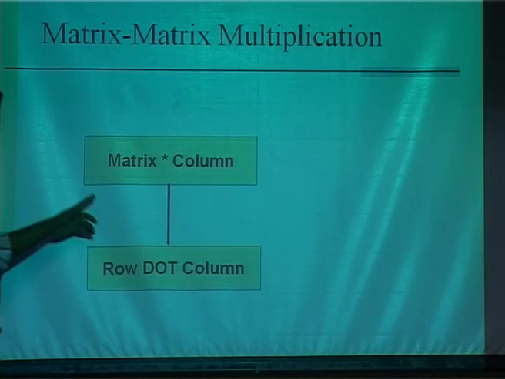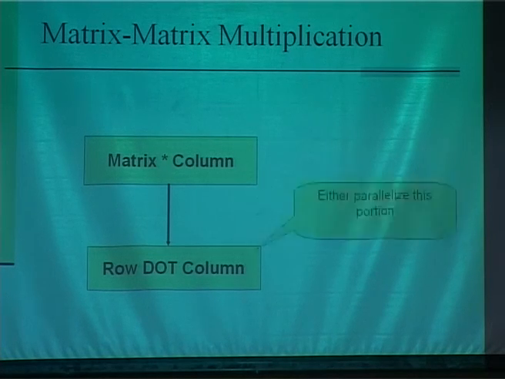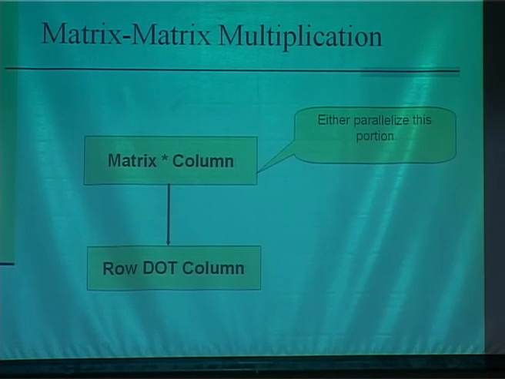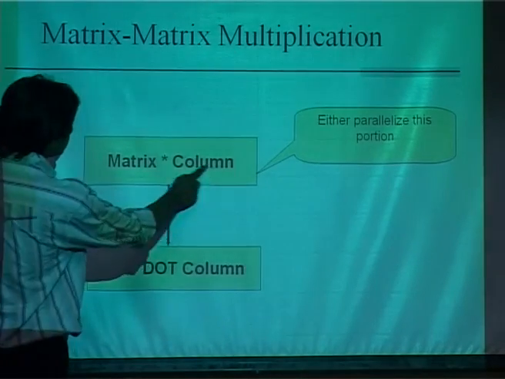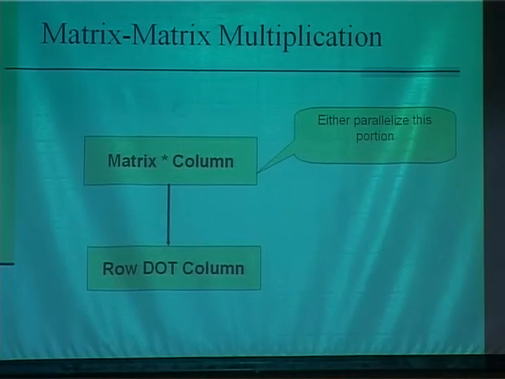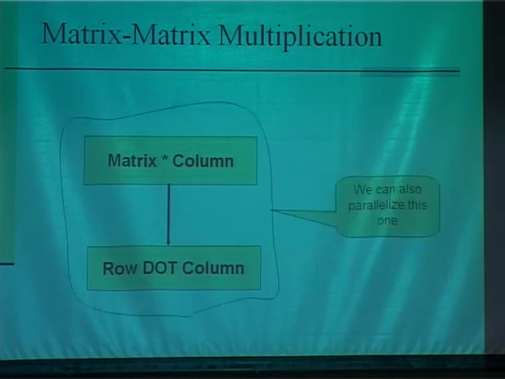So you can either parallelize the matrix-into-column product, or parallelize the row-column dot product, or parallelize the whole thing. There are three possibilities of parallelization, and I tested all three.